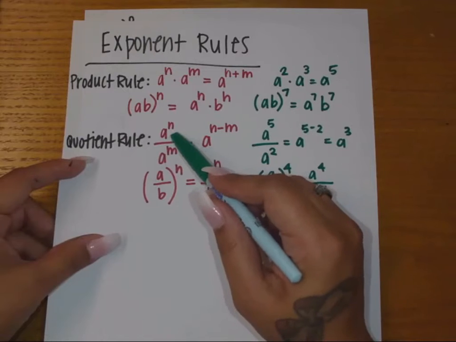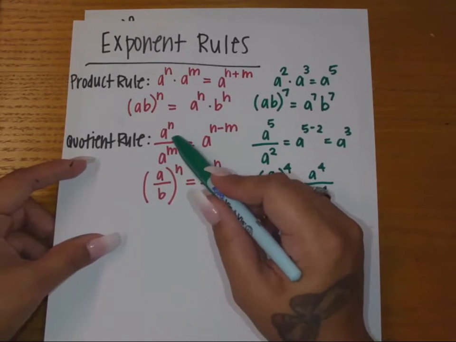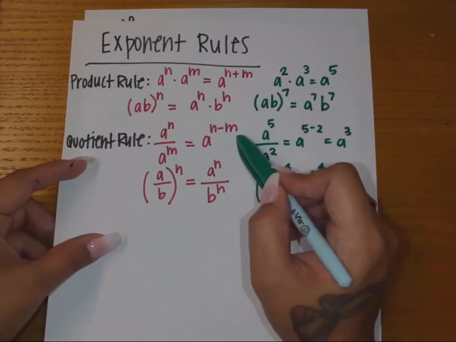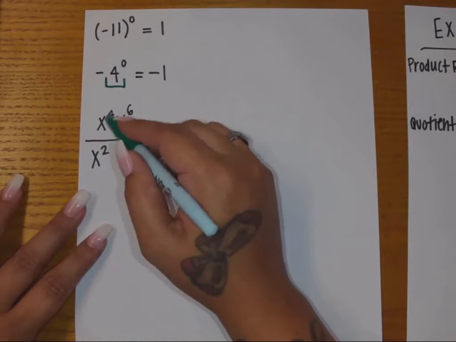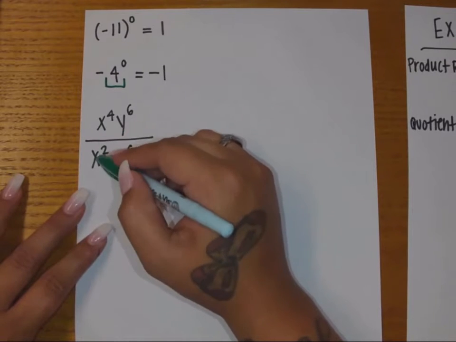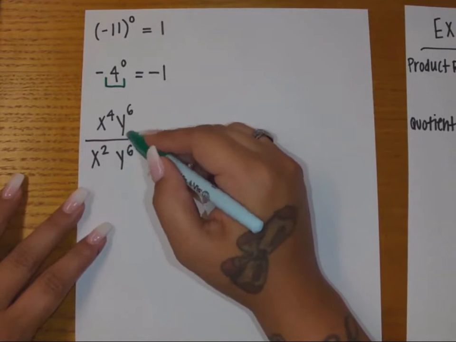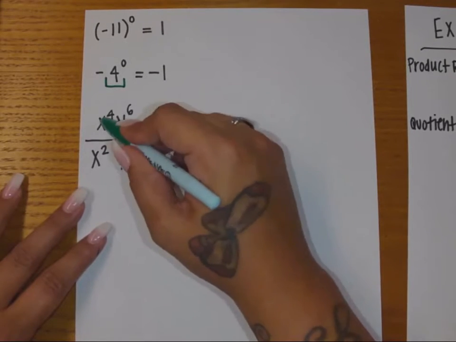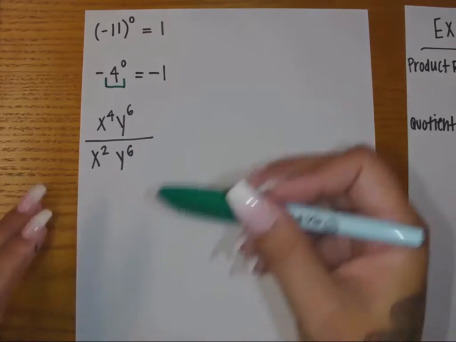So if you have the exact same variables raised to any power and they're dividing, you subtract the powers. So I can only apply the rule here because I have the same variables, which are x's, and then I can apply the rule again here. You can't use an x up top and a y on the bottom. They have to be the same variables so that you can apply the rule.